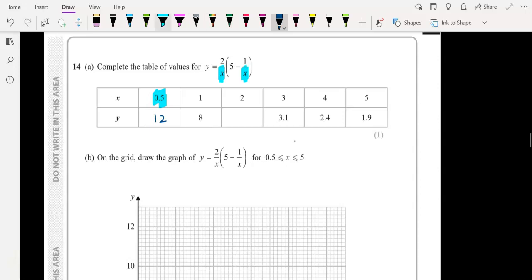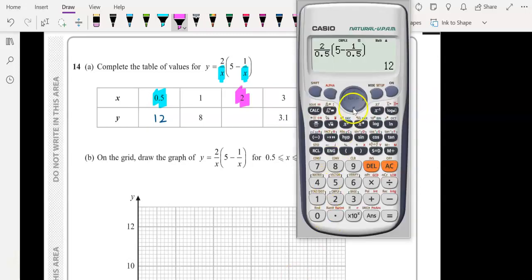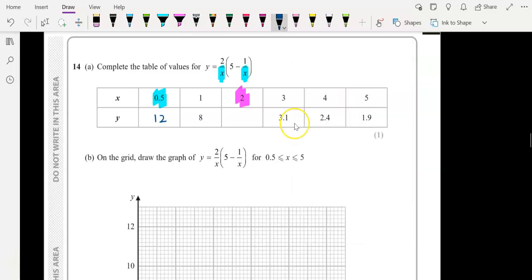Same way, now we need to replace x by 2. So in place of 0.5, I'll write 2. So you get the answer 9 over 2, which is 4.5. Now our table of values is complete.